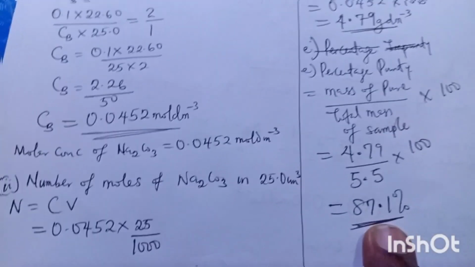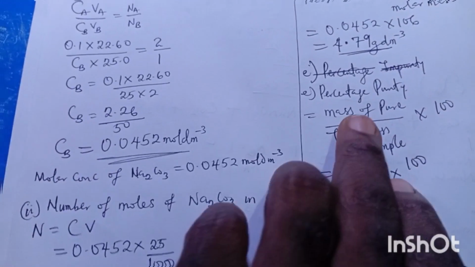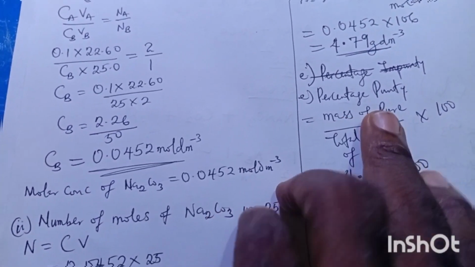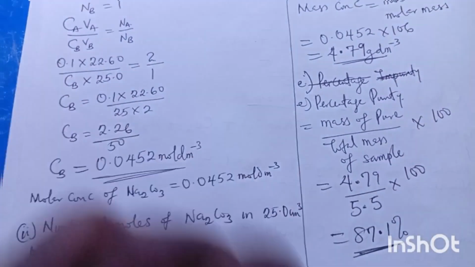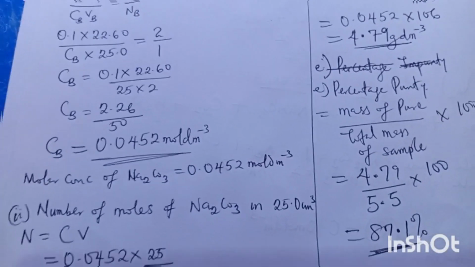The portion of sodium carbonate is 87.1, and the portion of sodium nitrate is in this particular content that we use for titration.